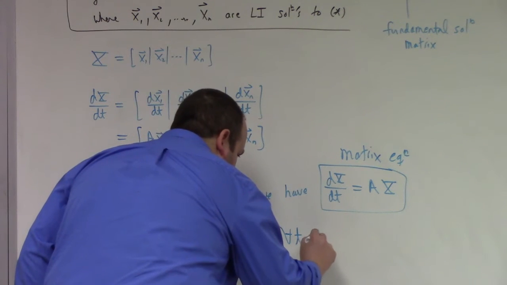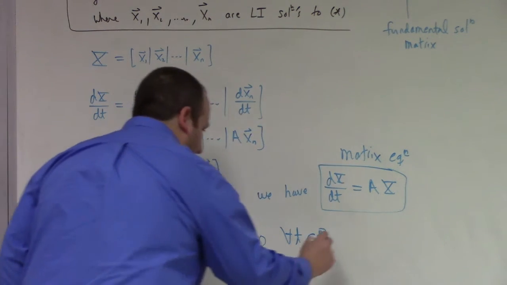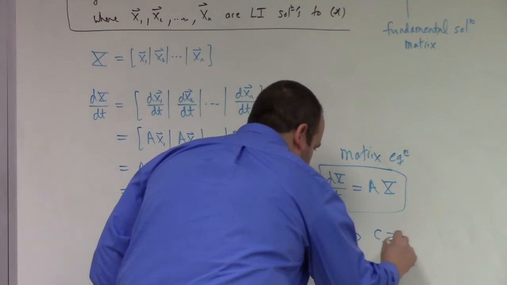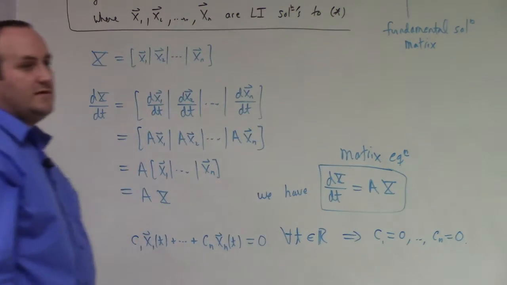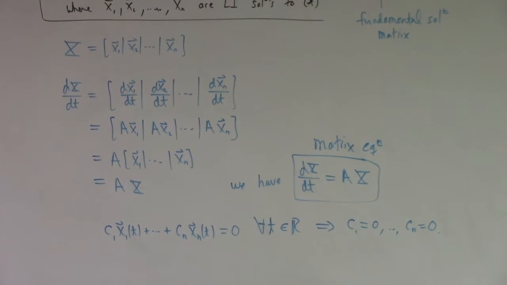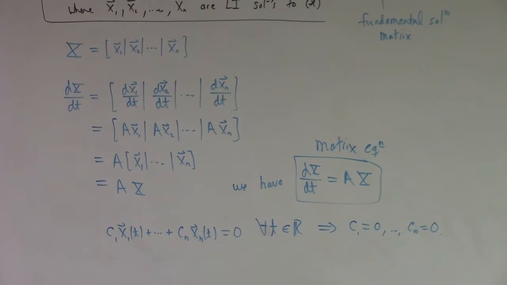In this case, the domain is just all reals. That has to imply c1 equals 0, cn equals 0. This is the linear independence of functions of time. It's a functional equation. It's made for all time. Okay, so that's a fundamental solution matrix.